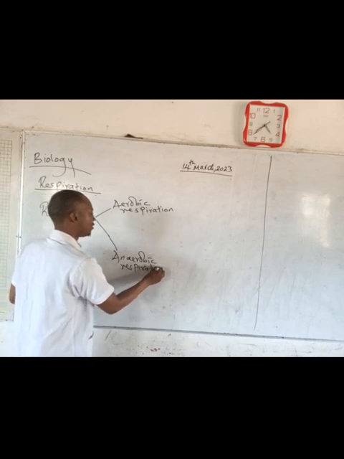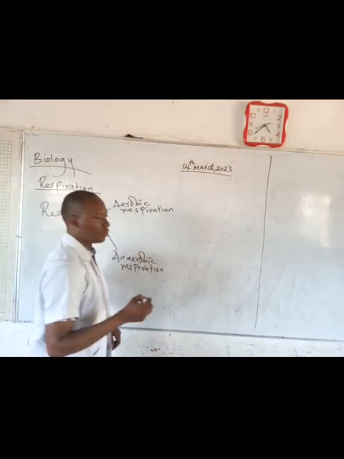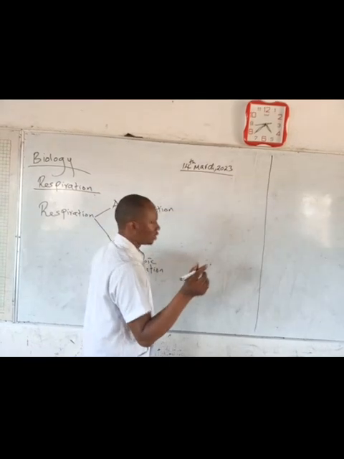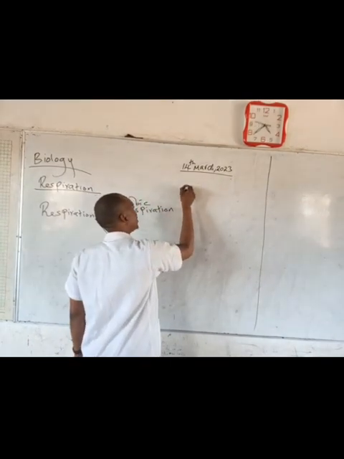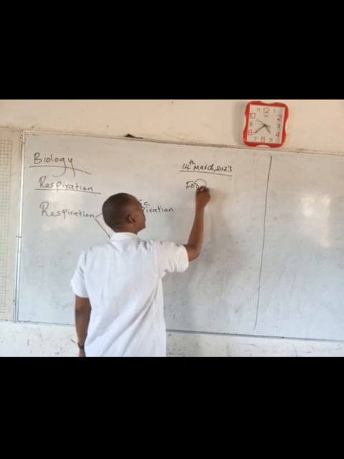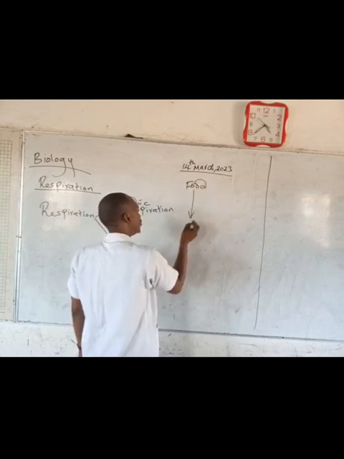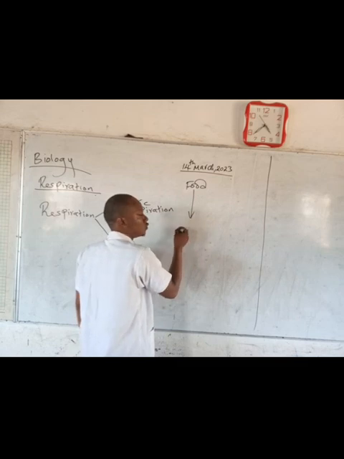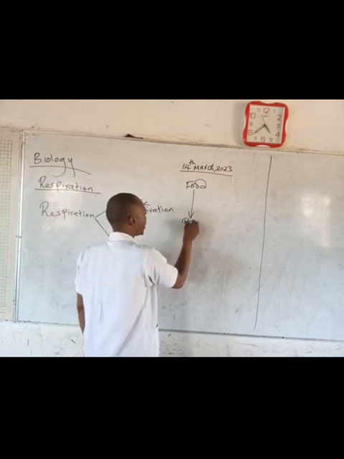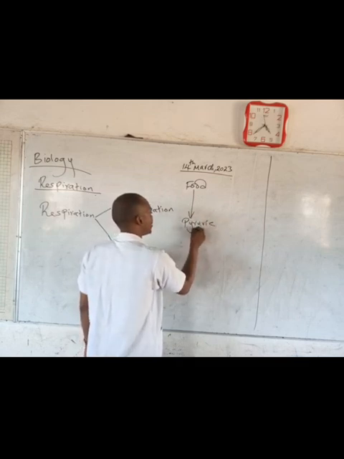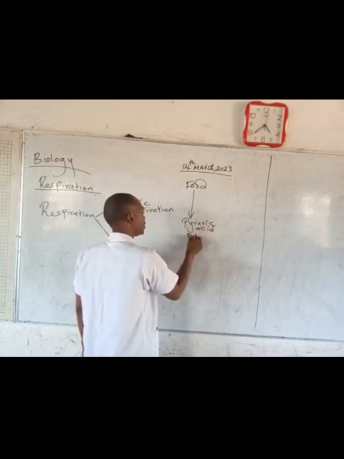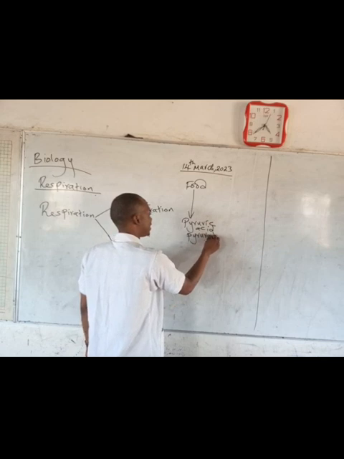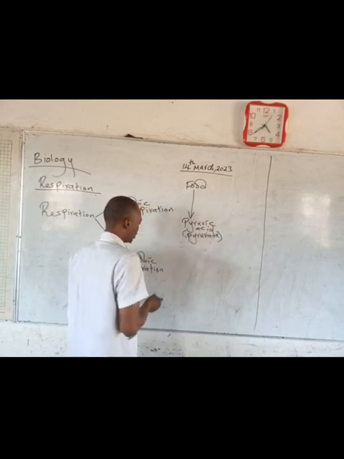In each case, both proceed in a two-step reaction. The first step, we have said, is food being broken down to pyruvic acid. And the other name for pyruvic acid is pyruvate.